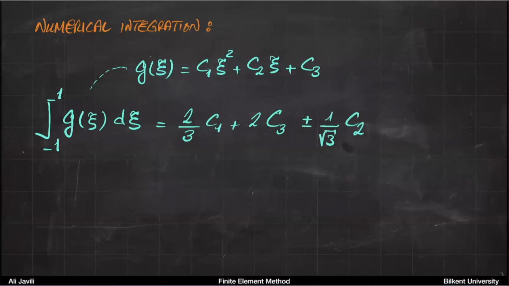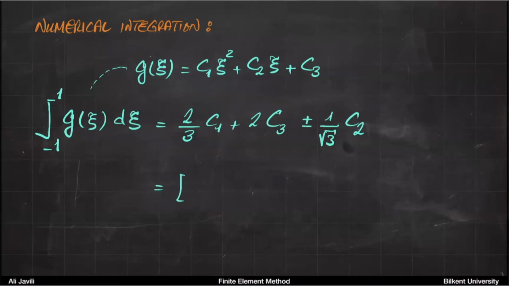Okay. And I do that because, remember, we want to identify this with points on the function itself. But these two do not have c2. So somehow we want to introduce a c2 into it. Okay. And it turns out that if you just add and subtract 1/√3 c2, then what you have in front of you, you can write it like this.